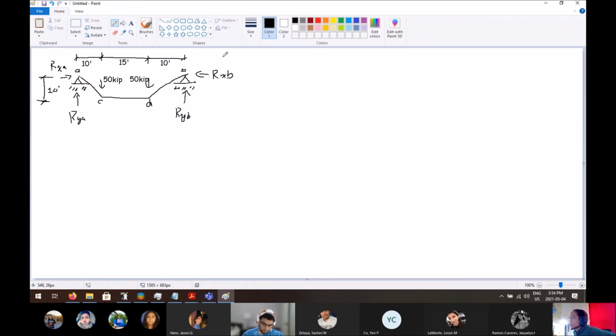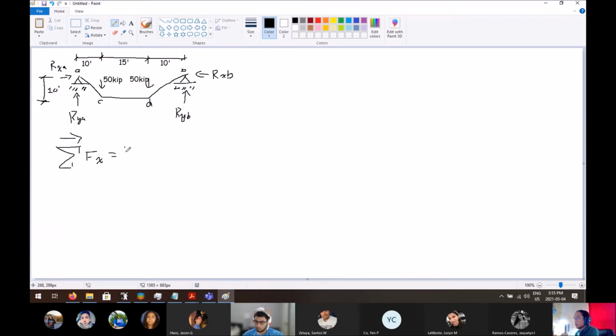Well, let's start taking summations, right? Should be fun. Let's do summation of forces in the x direction. Right is going to be positive.